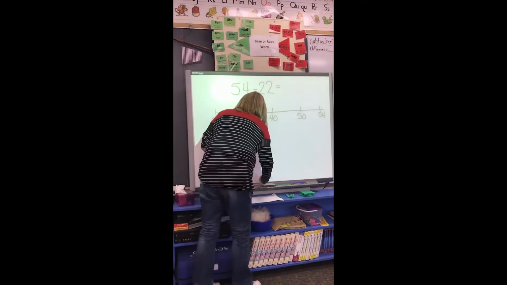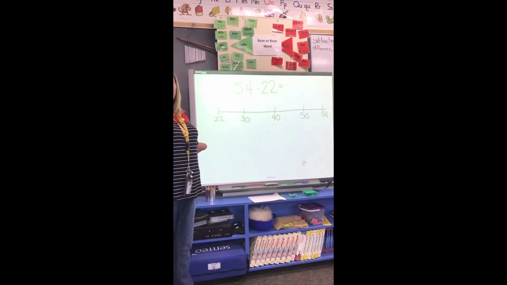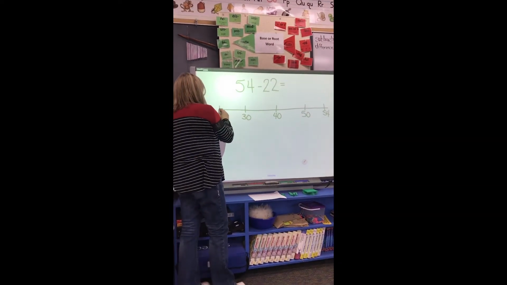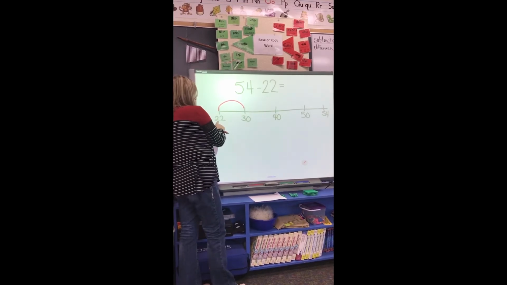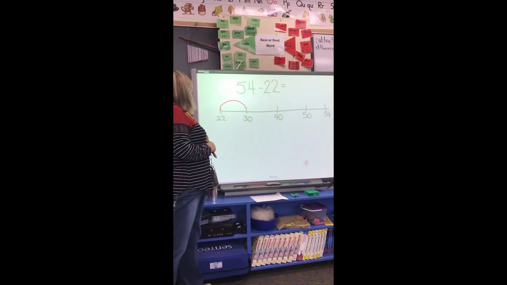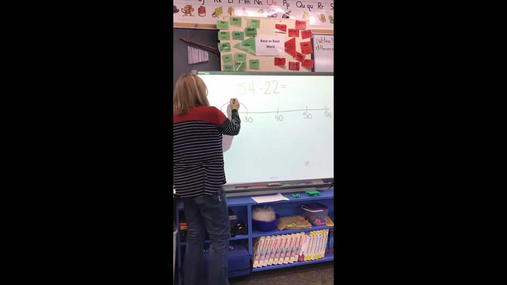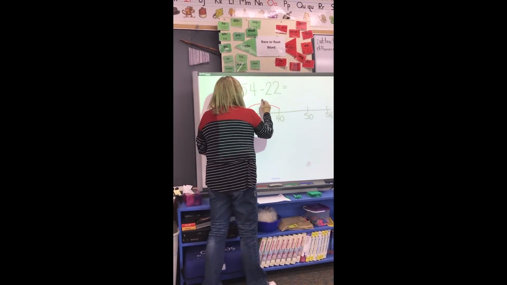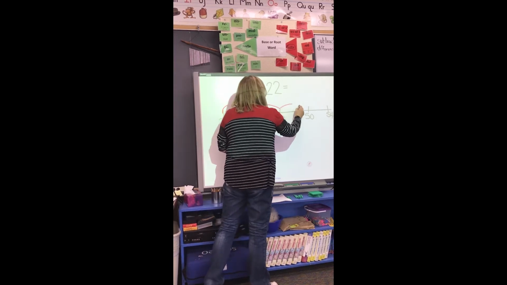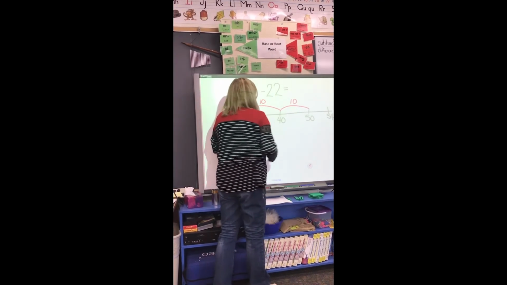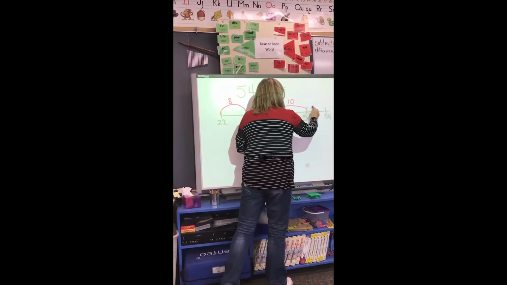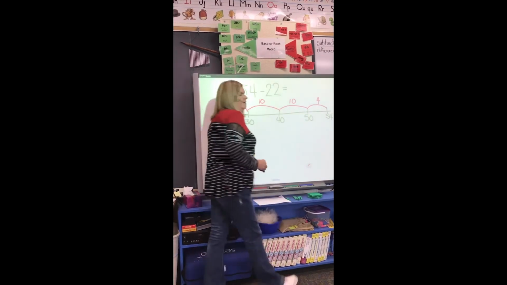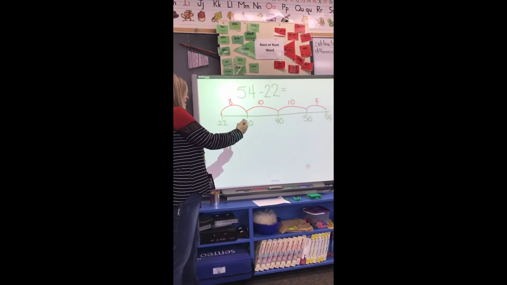I'm going to take another color, and I'm going to say, well, I know that to get from 22 to 30, that is a jump of 8. It's really easy then to put a jump of 10, another jump of 10, and then I want to get a jump of 4. Do you see how I'm adding to get to my answer?